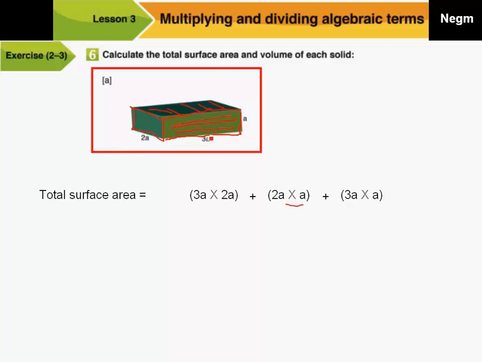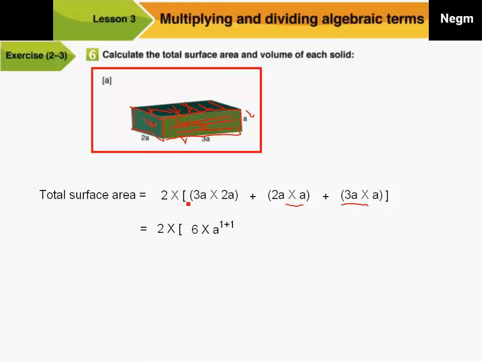Its area will be 3a times a. So we have 1, 2, 3 rectangles, and we have another 3 rectangles. This has another one at the bottom, this has another one at the other side, and this has another one at the other side. So the summation of the area of these 3 rectangles can be multiplied by 2 to get the total surface area of this shape.